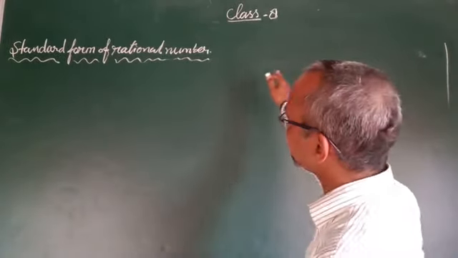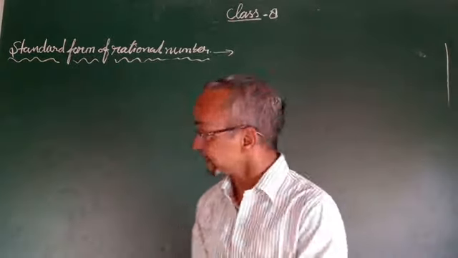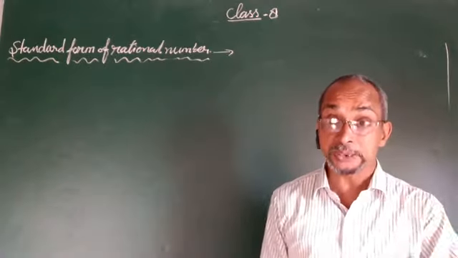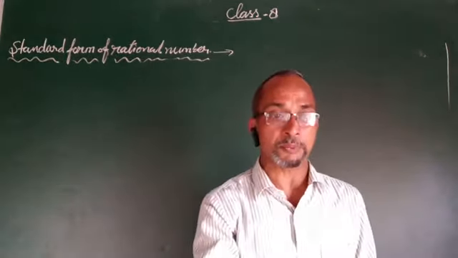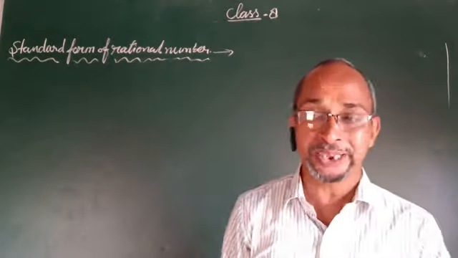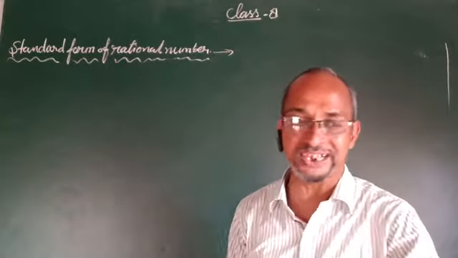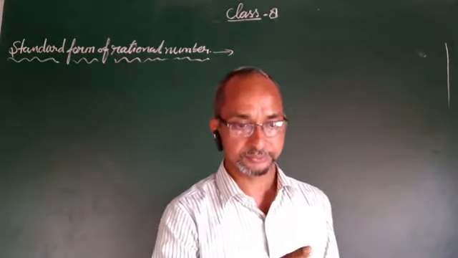So, standard form of a rational number. What is the standard form of a rational number? A rational number P by Q is said to be in standard form if P and Q are integers having no common factor or divisor other than 1.